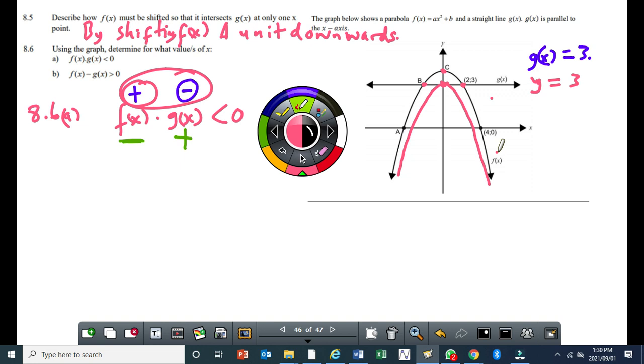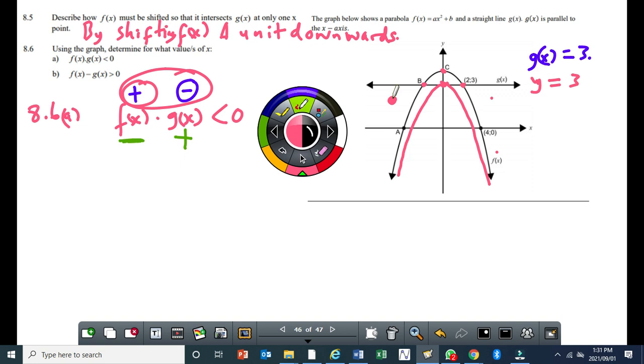But in the second quadrant here, the values of g of x are negative, whilst the values of f of x in terms of the y values are also positive.